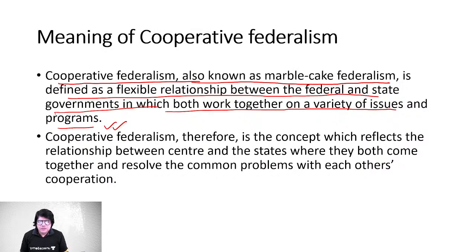Although we are not a federal creation like the United States of America is. Because the United States of America was created basically through the process of integration. The original 13 states agreed to create the federation. There was initially a confederation, but the confederal government was very weak and it was not able to sort out the problems of the states.